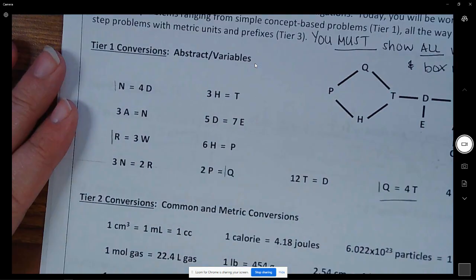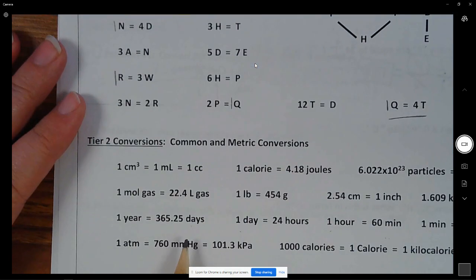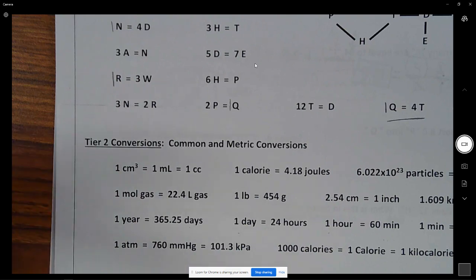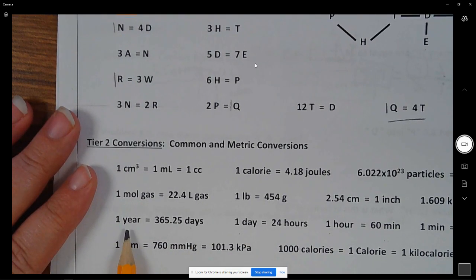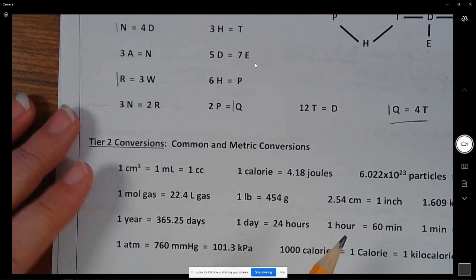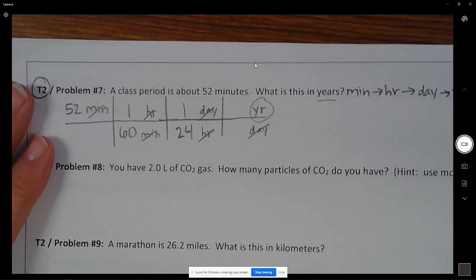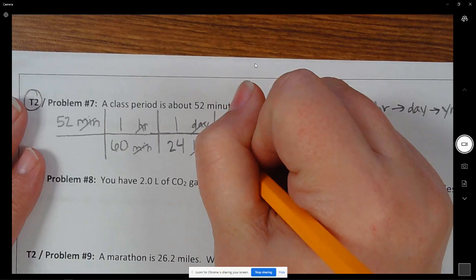And then we're going to go from days to years. Now, this one has the exact count. We usually just round to 365, but we're going to go ahead and put what we have here. So 1 year is 365.25 days.